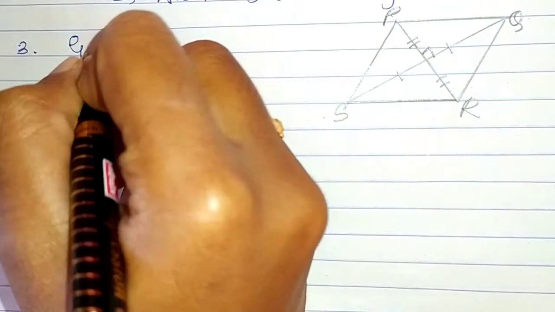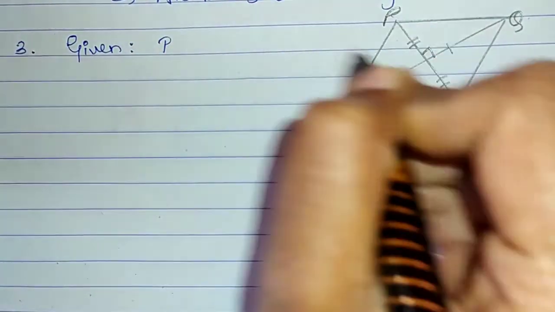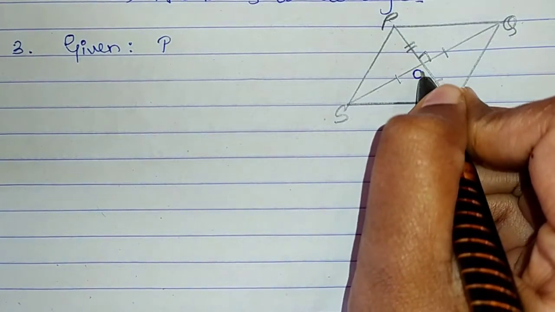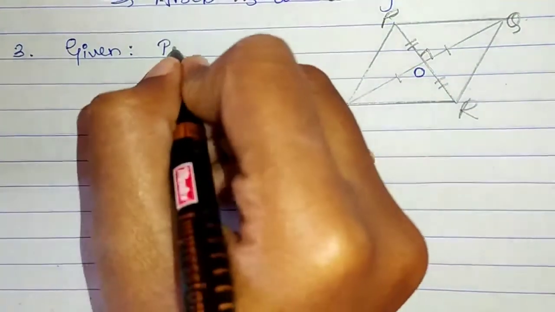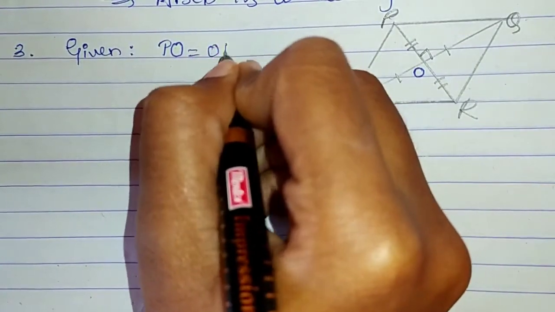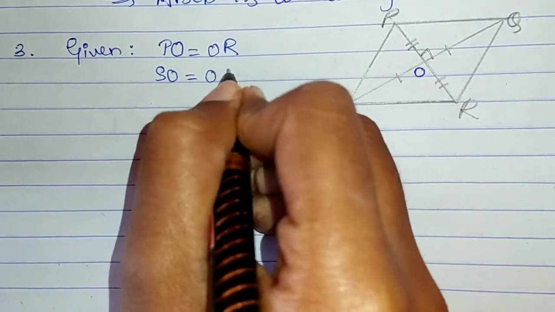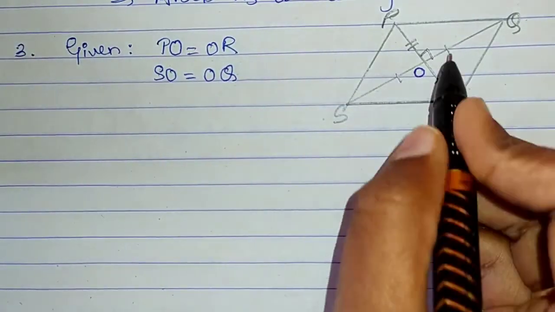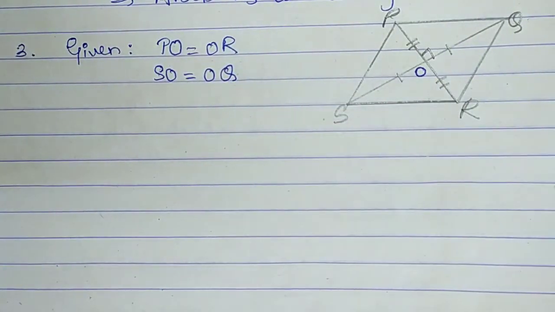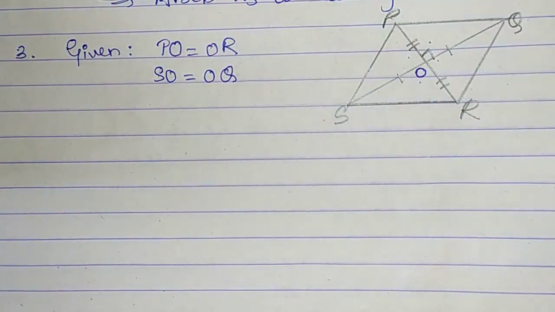So given, PQRS, let's name this point of intersection as O. PO is equal to OR and SO is equal to OQ, they are bisecting each other at 90 degrees. So each of these angles is equal to 90 degrees.